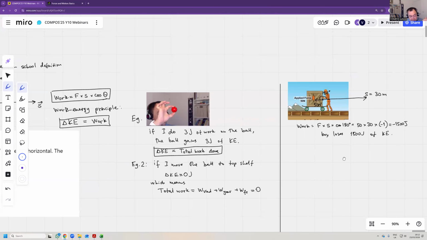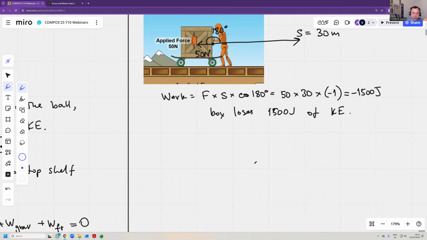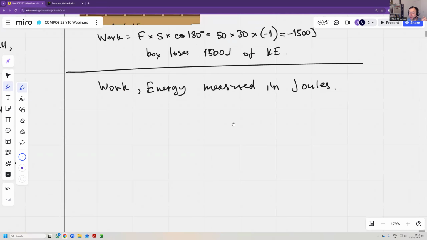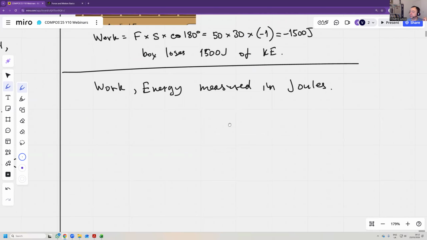Work and energy are measured in joules, and sometimes in calories. So if you're doing chemistry, 1 calorie is 4.2 joules.